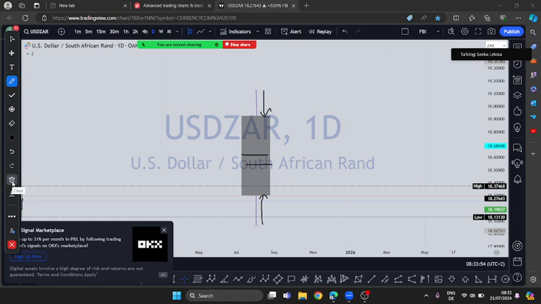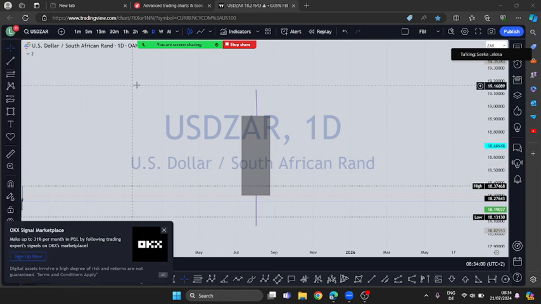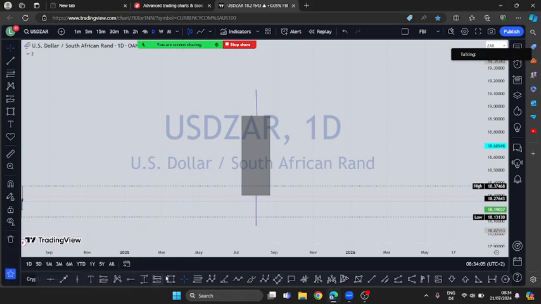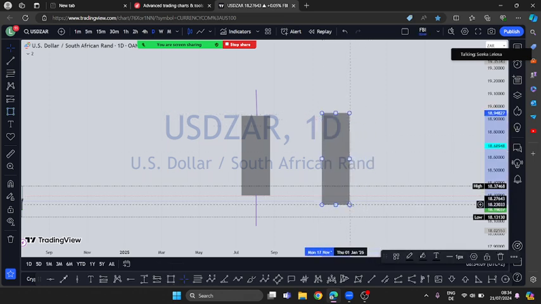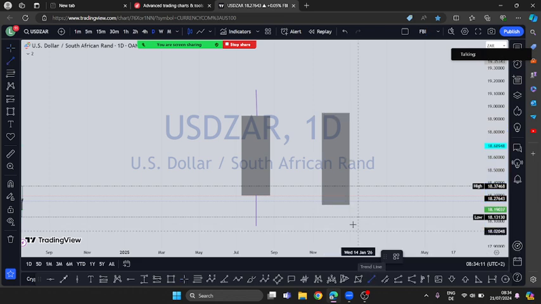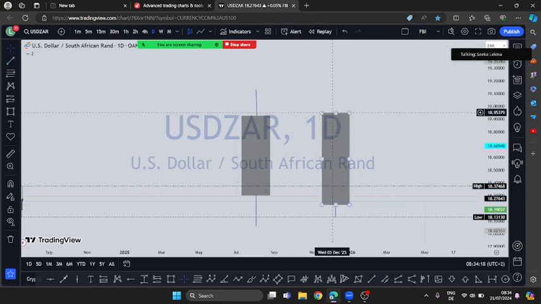Okay, so for example, if we have a candlestick like this, we first label the candle. So we can see that here maybe we have the buy force and then the pressure, right?